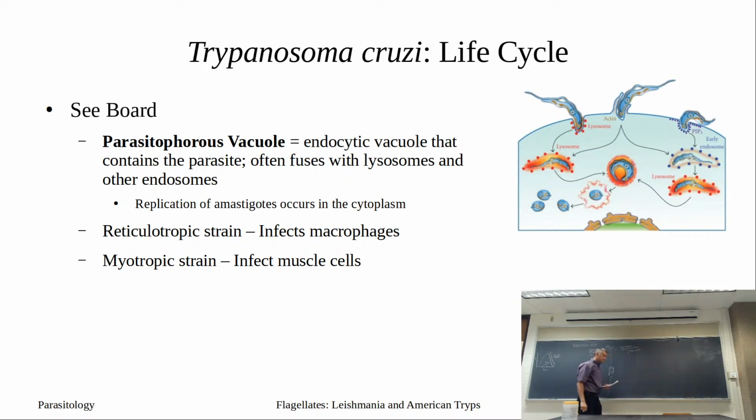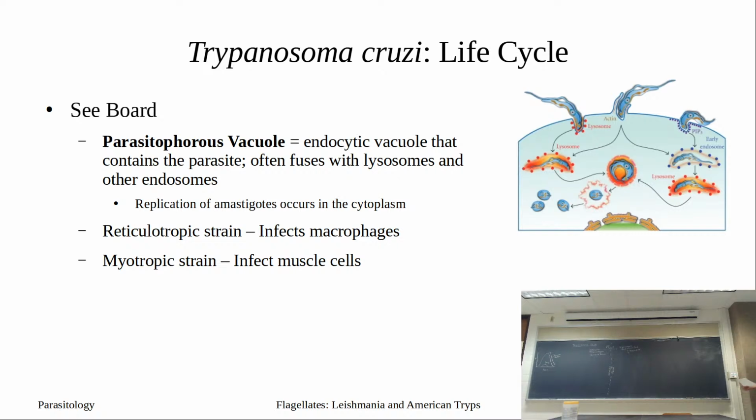It's going to be phagocytized by macrophages that are coming in to respond to our infection. Now I put phagocytized in quotation marks because there's actually multiple processes that will bind and then internalize the parasite. It's not just a single pathway.